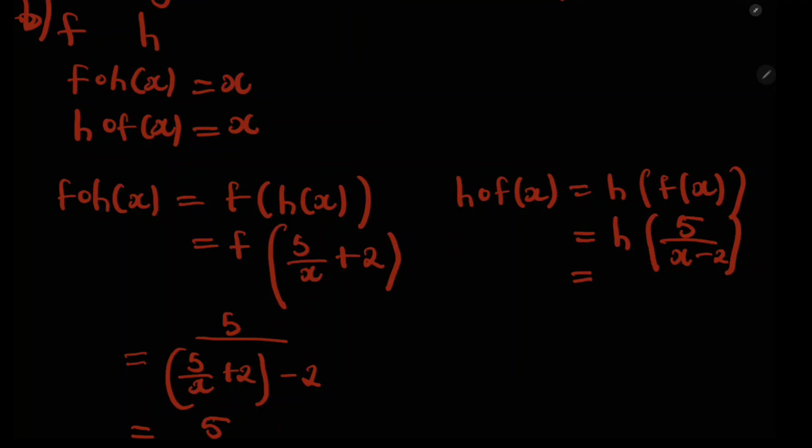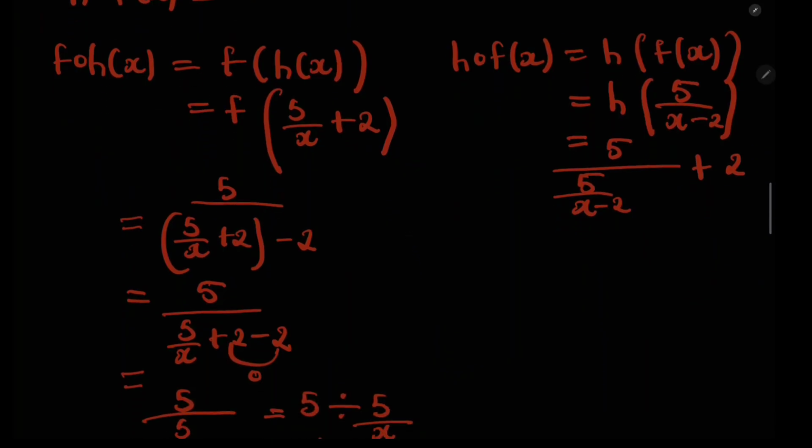So we substitute it into the function, that is 5 on 5 on x minus 2, plus 2. That is what we have. Now we are going to try and simplify this.